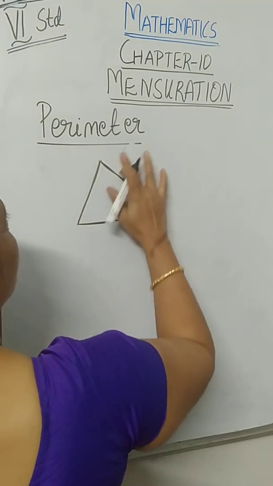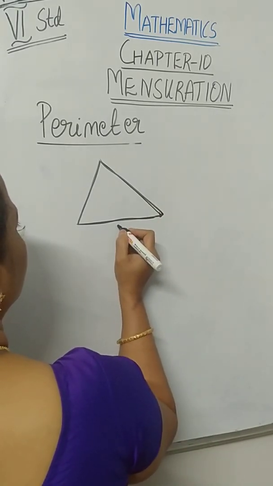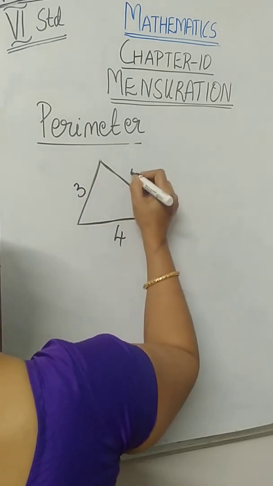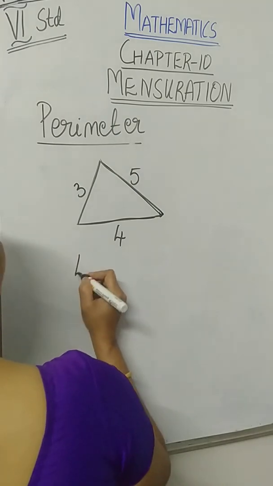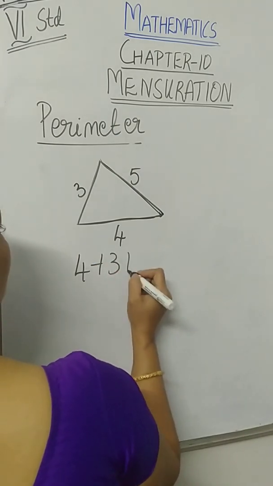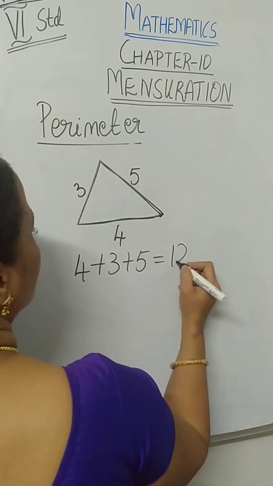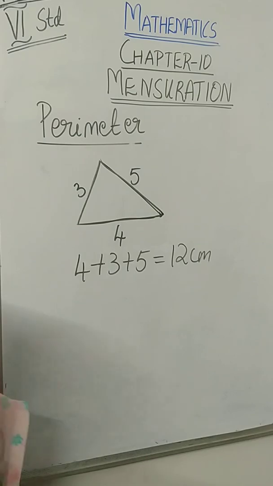Suppose the measure of this is 4 centimeter and here it is 3 centimeter and here it is 5 centimeter, the total distance covered is 4 plus 3 plus 5, that is 12 centimeter. That is the perimeter of this triangle.